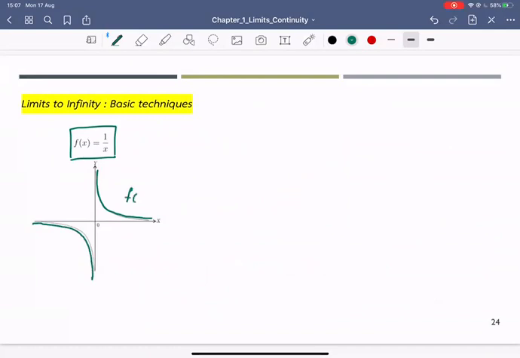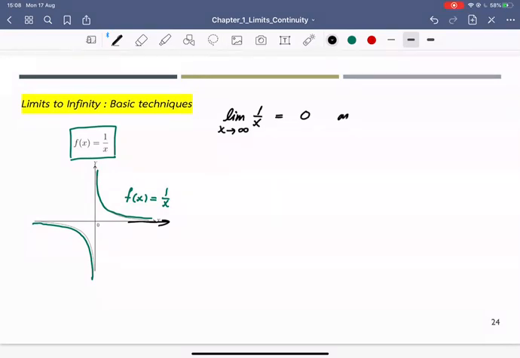You can see from the graph that when x goes to infinity, the value of f(x) goes to 0. That means the limit of 1 over x is 0 when x goes to infinity.